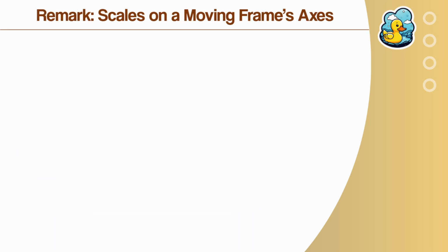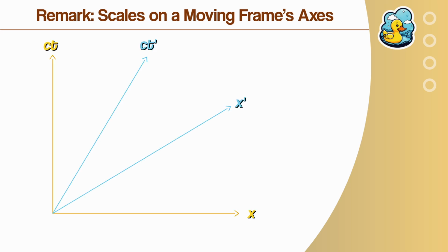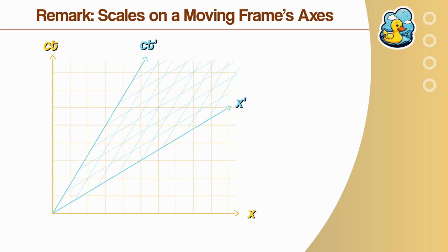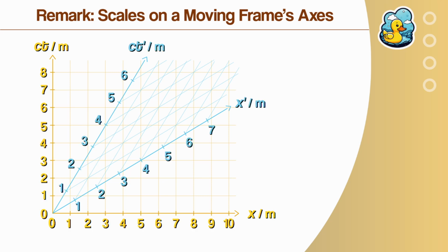But how do we actually read distances or time intervals along these tilted axes? The X' and CT' axes may be tilted, but they are also scaled differently from the stationary axes. In real physics diagrams, we would apply a scaling factor based on the Lorentz transformation to know how long one unit should be along a tilted axis.